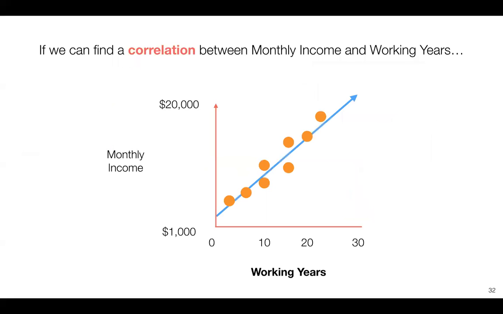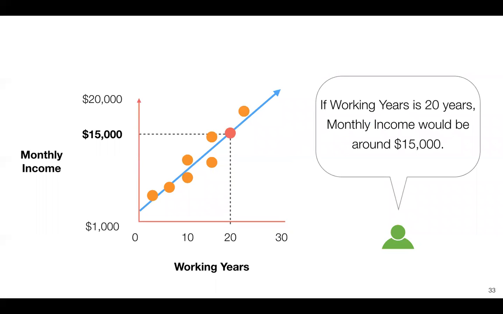But if we can find a correlation between monthly income and working years, and it turns out working years and monthly income are strongly correlated, like in this chart, then we can say this person has been working for about 20 years, which means we can estimate the monthly income, let's say about $15,000 or something.